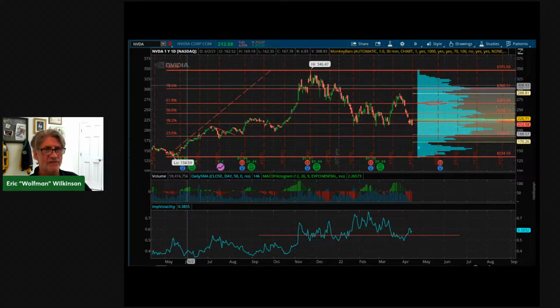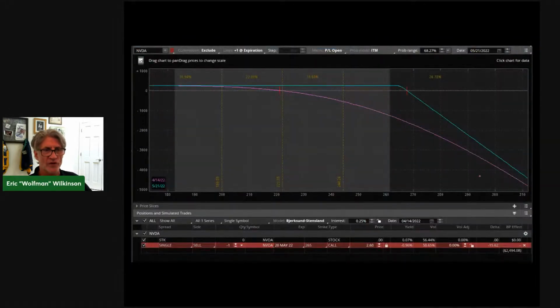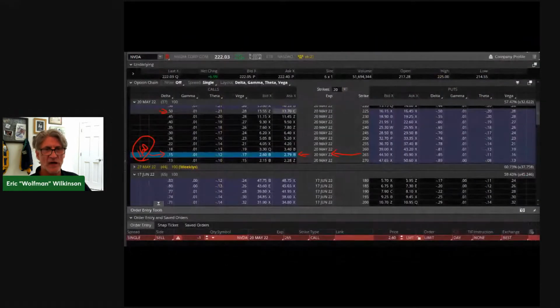I'd look at the Fibonacci around that 65 handle for this trade. Another reason I rolled out to that further delta from the 60 to the 65 was because there's another little fib up there.